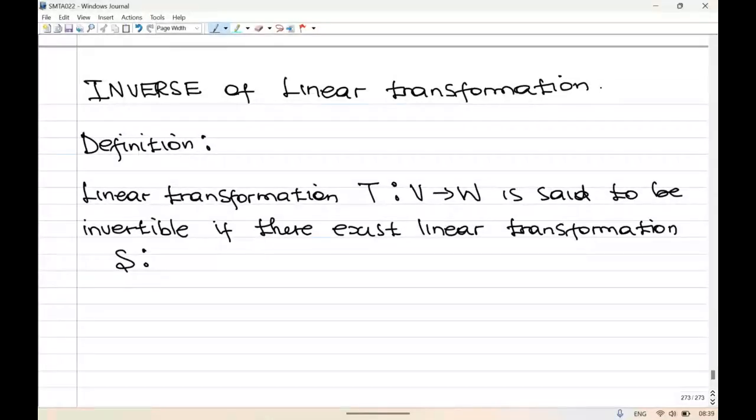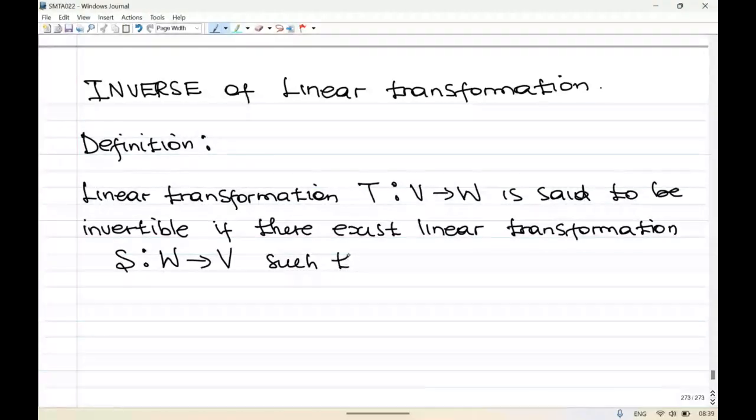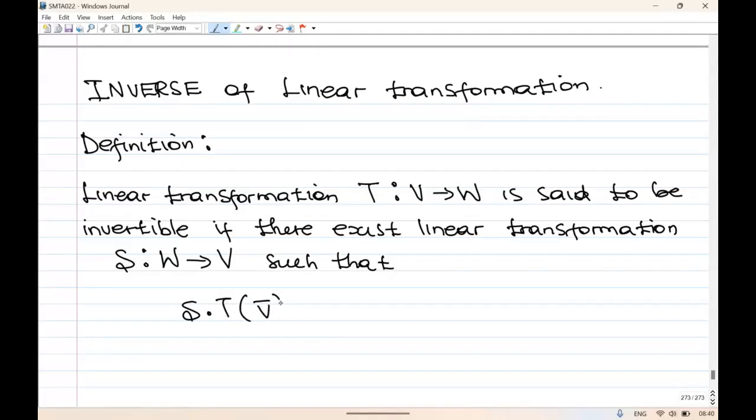Remember the inverse, now you are going to start with the vector space W and take everything to vector space V, such that the product of S and T applied to this vector V will be equal to this vector V, and will also be equal to I multiplied by this vector V.